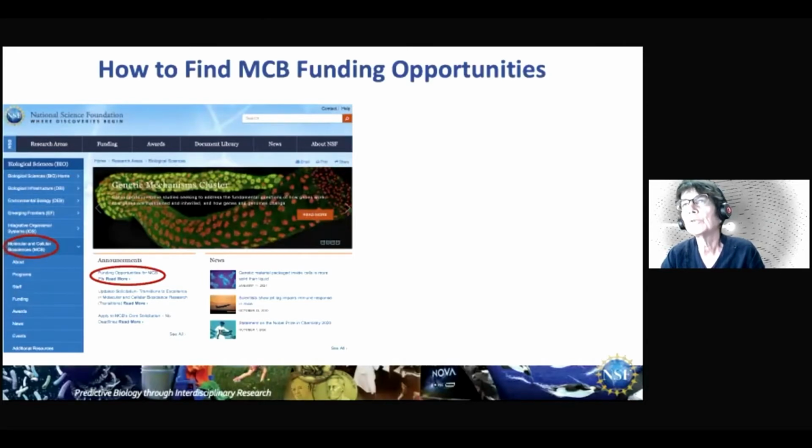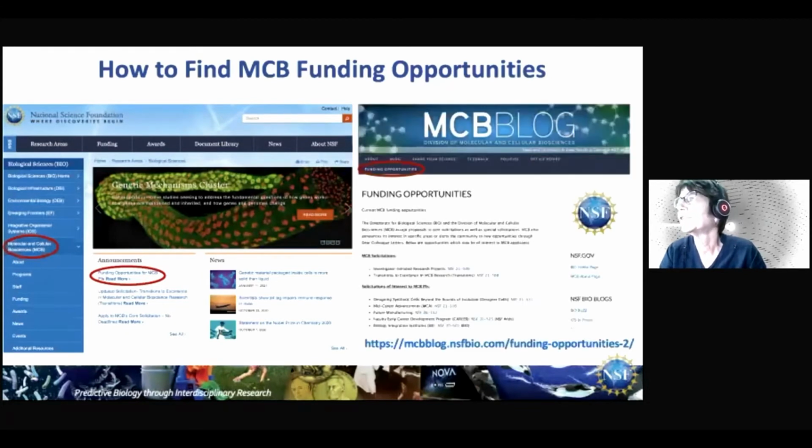If you go to this webpage, you can see the funding opportunities, and the links will take you to the MCB-specific funding opportunities, which are highlighted there, but also to all funding opportunities relevant to MCB across the NSF.